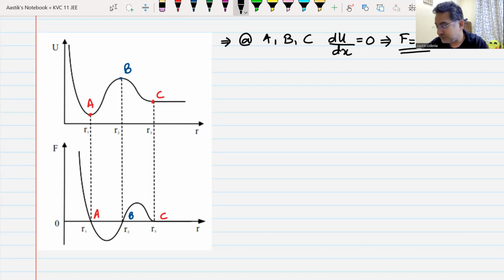In this diagram, if the force is coming as positive, that force will be treated as repulsive. If the force is coming as negative, that force will be treated as attractive.